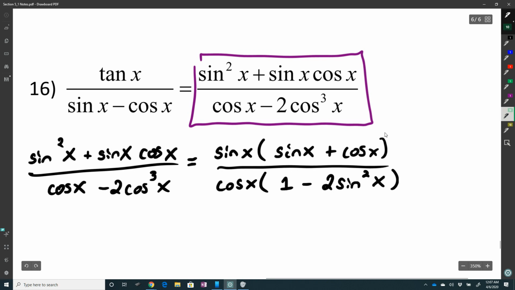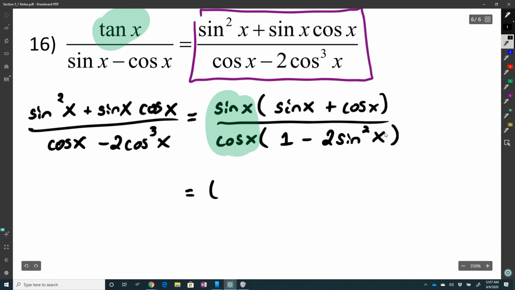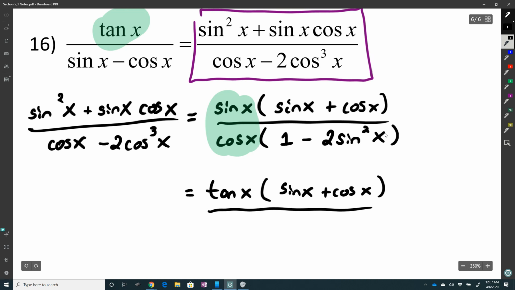So one thing to notice is tangent, and there's my tangent. I'm going to probably leave that sine and cosine alone, because I already know those turn into tangent. So I have tangent of x, sine x plus cosine x, over 1 minus 2 sine squared of x.